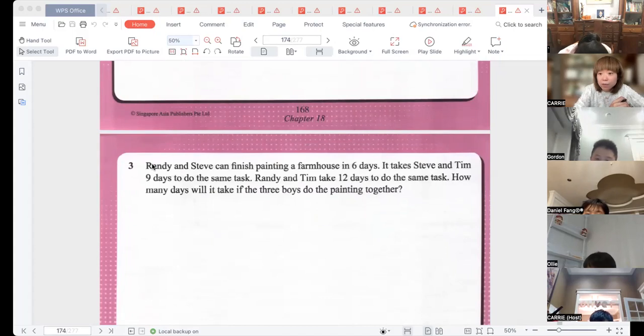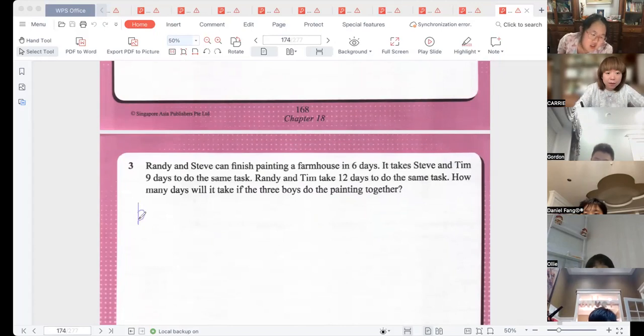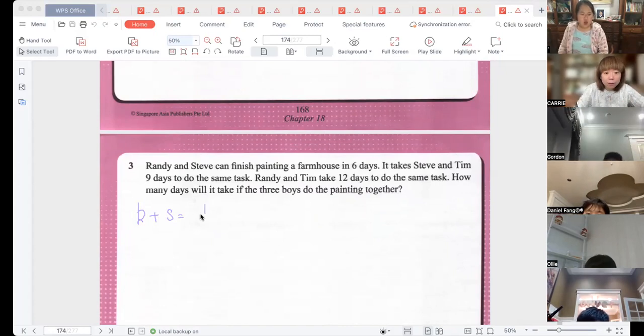Okay, what does this sentence mean, Luciana? It means they finished painting a warehouse in 6 days, so that means Randy and Steve can finish every day, they finish how much? 1/6. Correct?